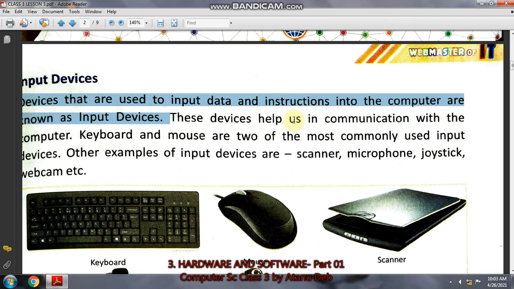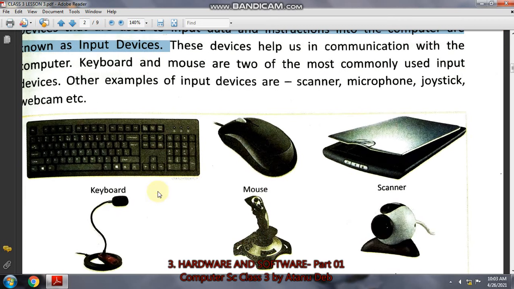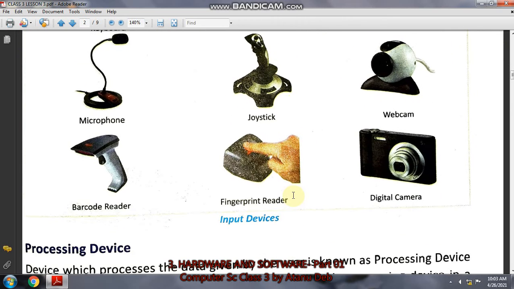With which type of device can you give these instructions or data into the computer? With the help of keyboard, mouse, scanner. They are called input devices. Here these are the examples of input devices.